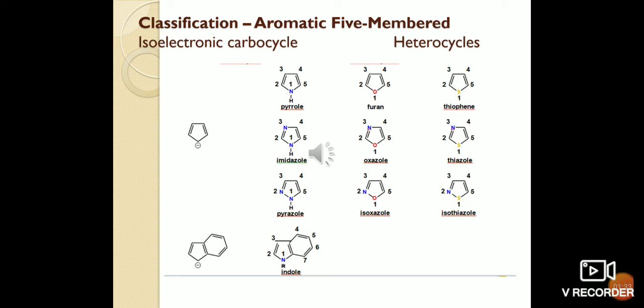The examples of heterocycles are pyrrole, which contains nitrogen, furan, which contains oxygen in a 5-membered ring, thiophene, which contains sulfur in the 5-membered ring. They are all aromatic compounds.